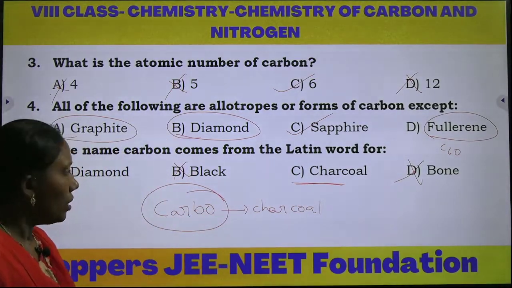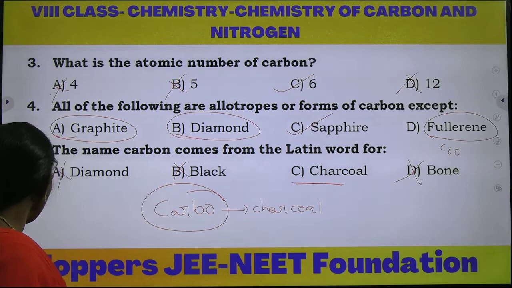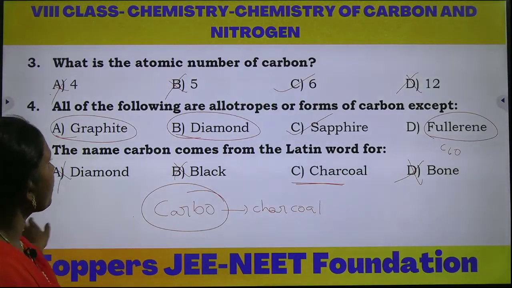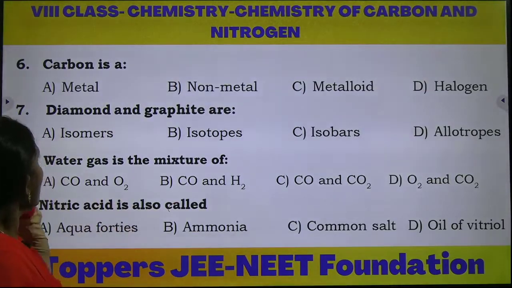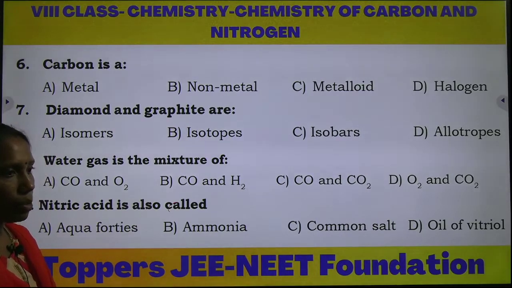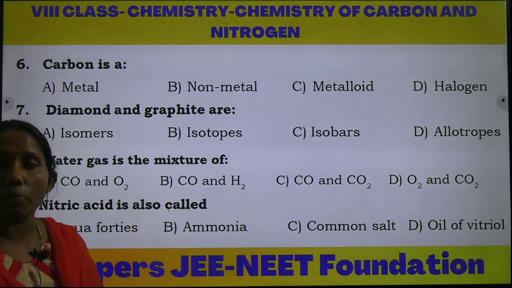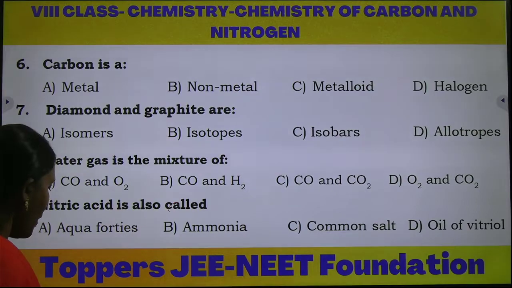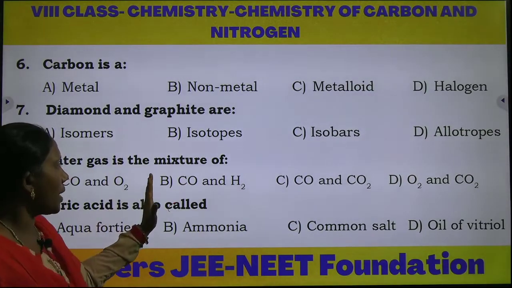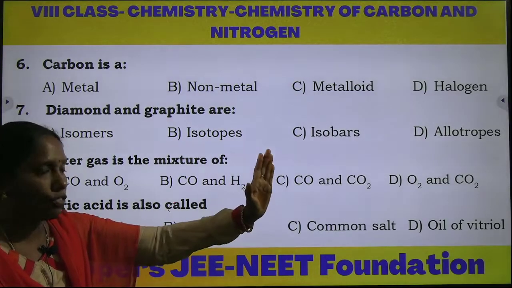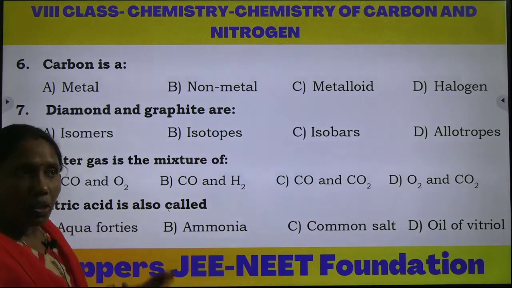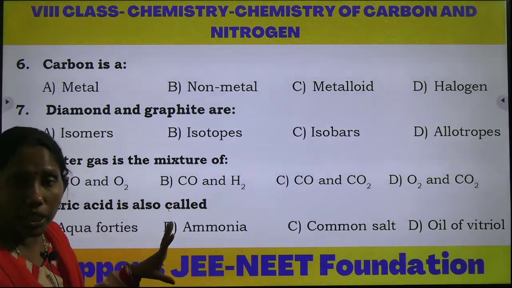Okay. Now comes to another one. Carbon is a, we know that from left to right in the periodic table, metallic character decreases and non-metallic character increases, as we discussed in the previous question, that is first group, second group, third group, fourth group, fifth group, sixth, seventh. If we go from left to right, the metallic character decreases.